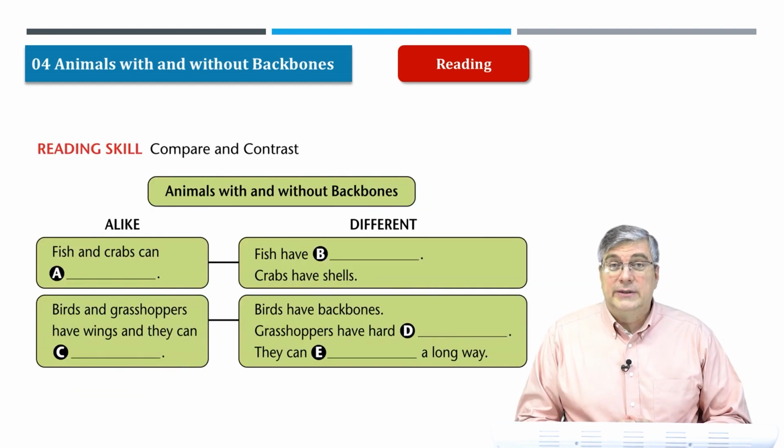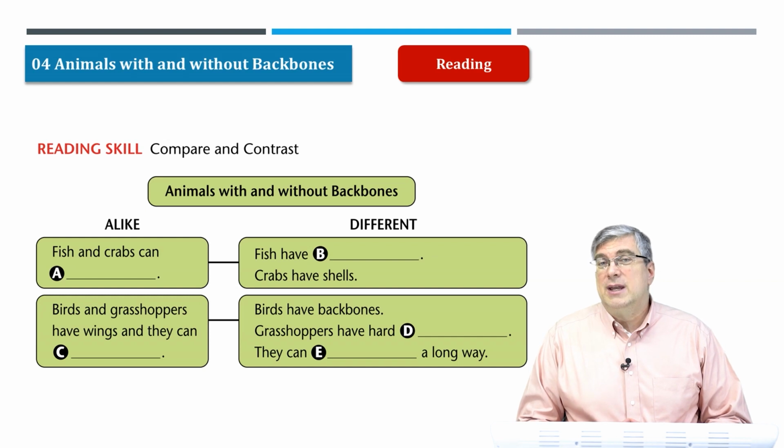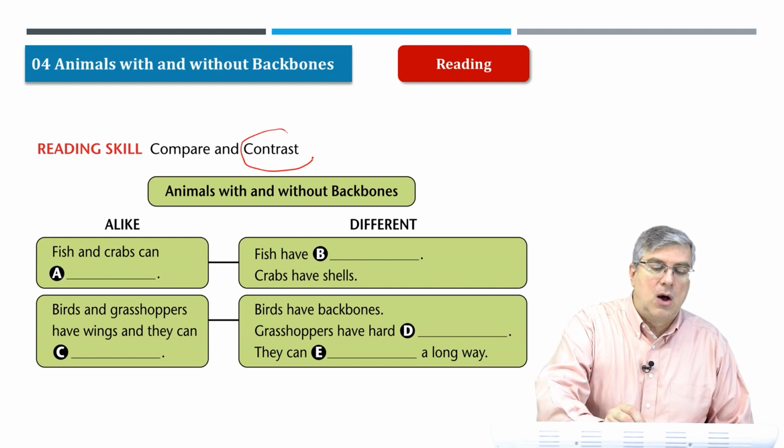Okay, let's go over the reading skill for this lesson here. And as we can see from the reading passage and from the ideas in this unit, we are comparing and contrasting two different things. It's more of a contrast. Contrast is how are things different, right?